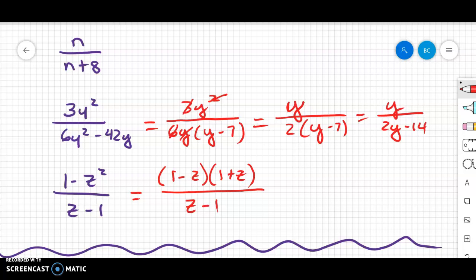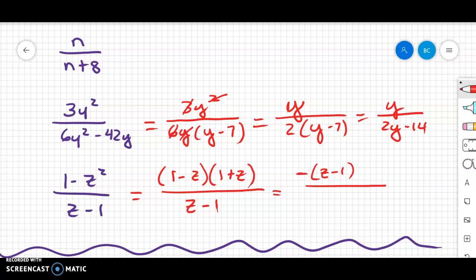I want to try to cancel things if I can. Right now, this is a term and it doesn't match either of these terms, but I could factor a negative out of it. I could make this negative z minus 1, so the negative times the negative gives me the positive 1, negative z.